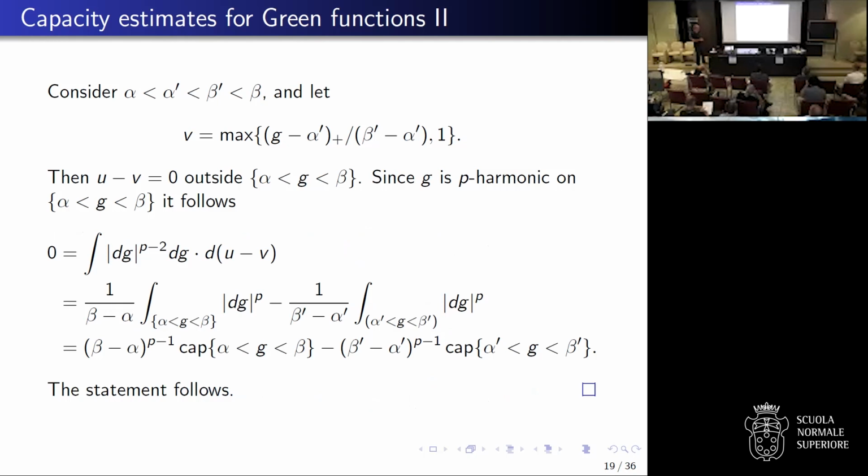With a very simple computation, you see that if you have alpha, beta and any subinterval alpha prime, beta prime, then the quantity that you're interested in doesn't change, because the difference is 0. So that's it. It's a typical computation: you use a variational argument in a clever way, using test functions that you cook up from the function g. Let me not say more, it's not important to understand the details for the rest of my talk.